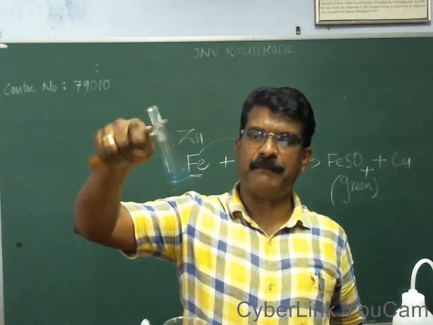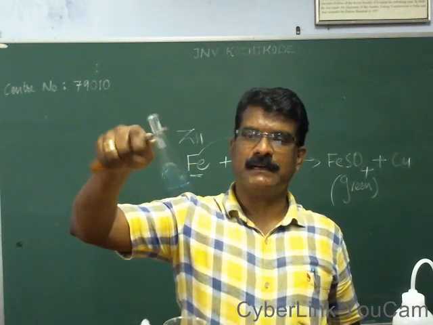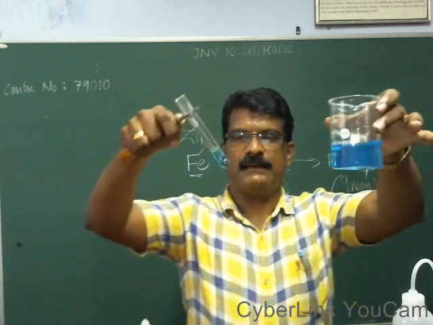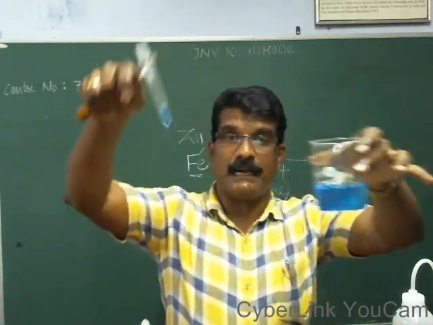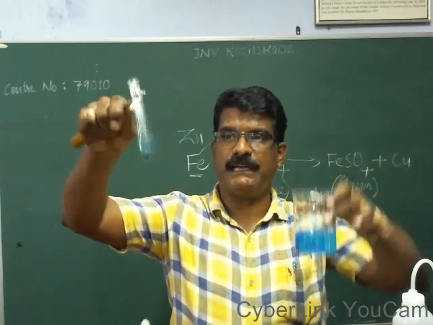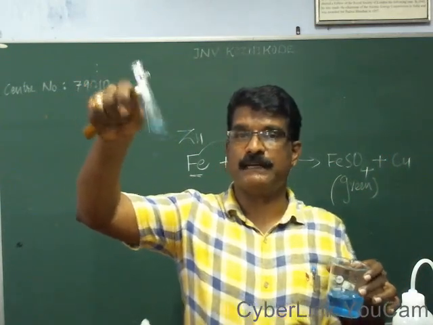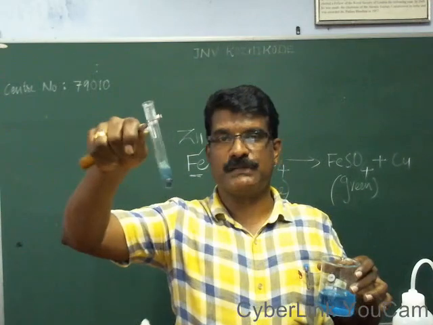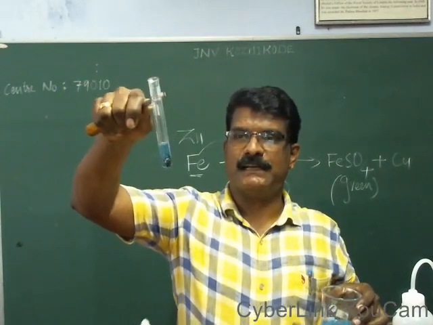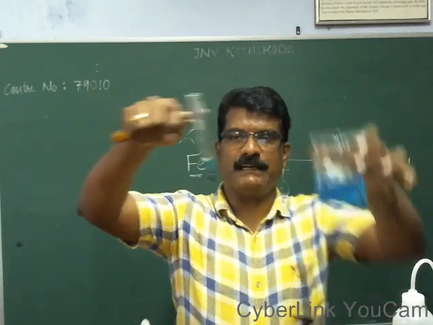Let us see what happens after some time. See, gradually the color is reducing. Gradually the blue color of the copper sulfate solution is vanishing. Slowly the color is vanishing.